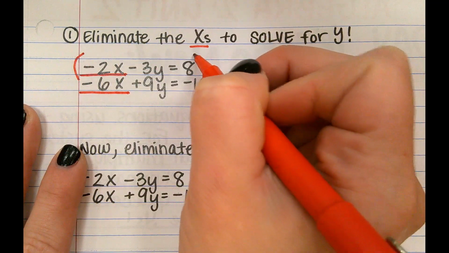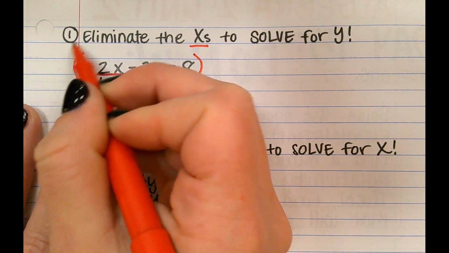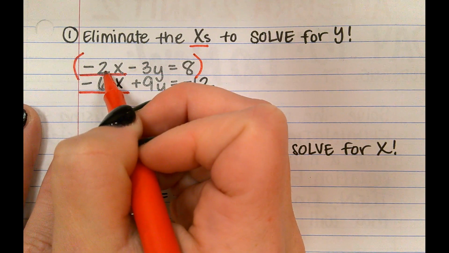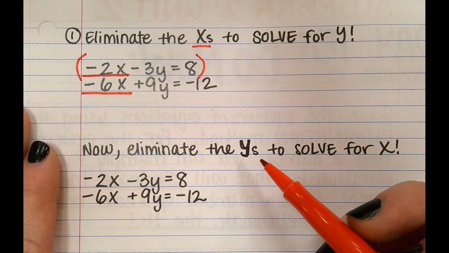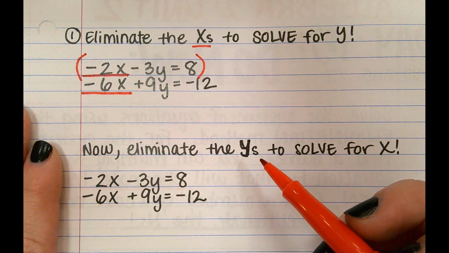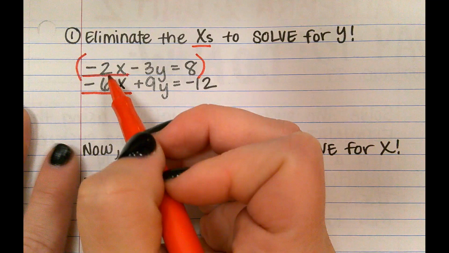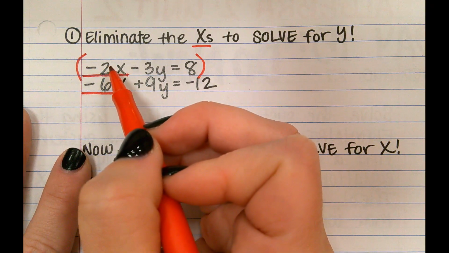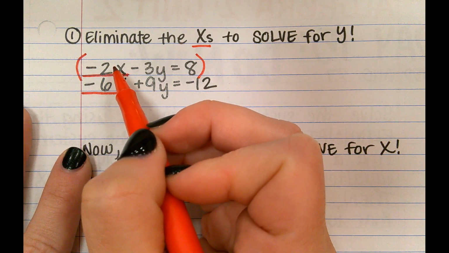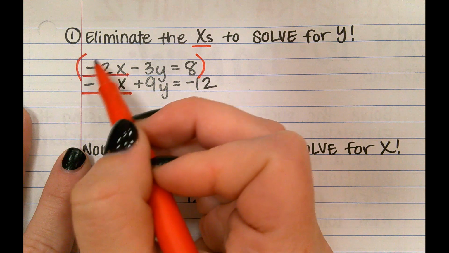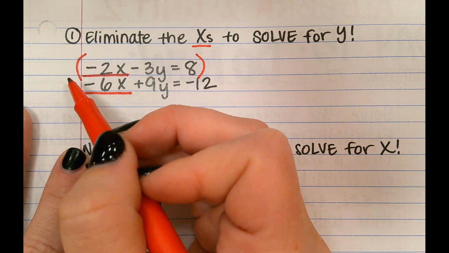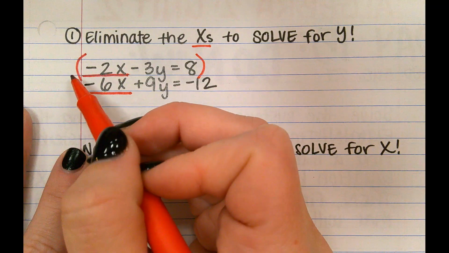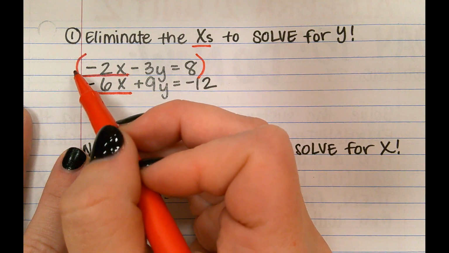So let's find a number that when I multiply to -2, it becomes +6. What number could I multiply? 3. 3 times -2 will give me -6. So you're very close. If I want to change the sign, I'm going to multiply by that same number, 3, but not just regular positive 3.